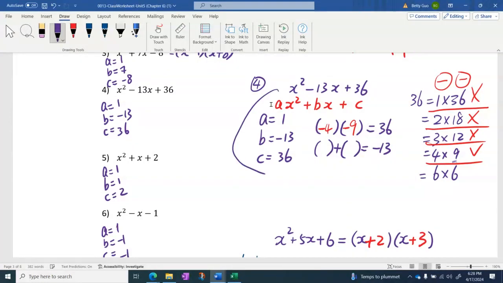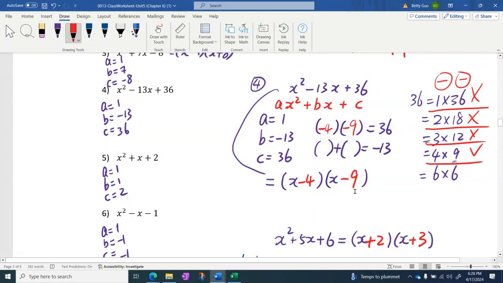With that found, we can write the original polynomial as parentheses times parentheses. In the parentheses, we have x minus 4 and x minus 9. And that's the answer. Always double check. -4 and -9 multiply to c. -4 and -9 add up to b.